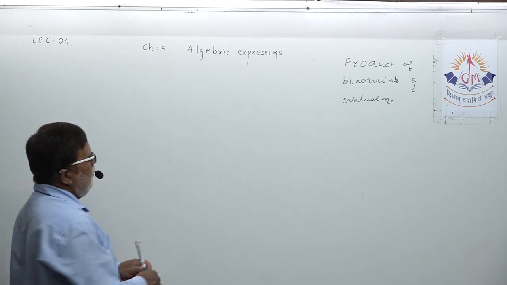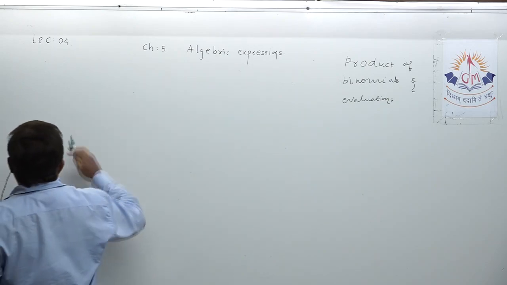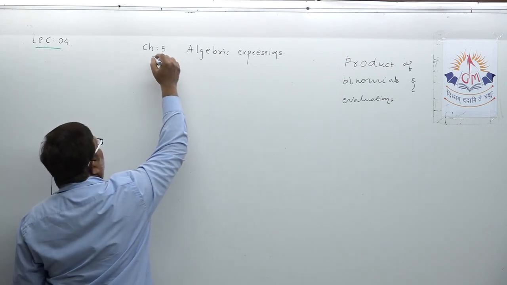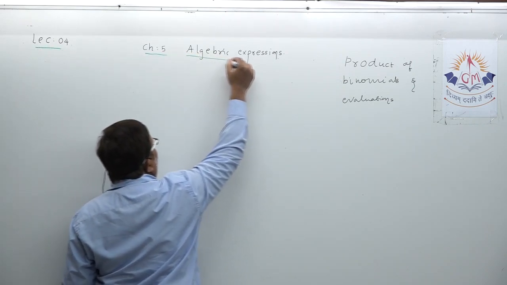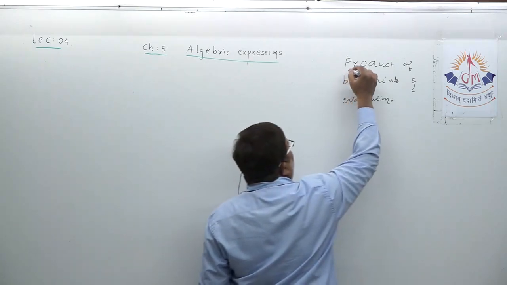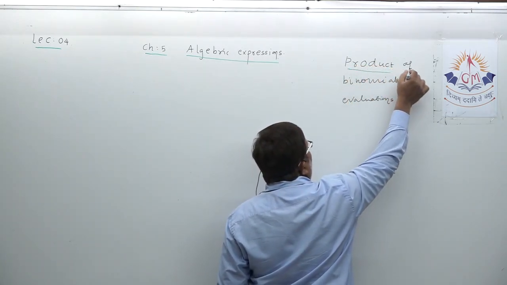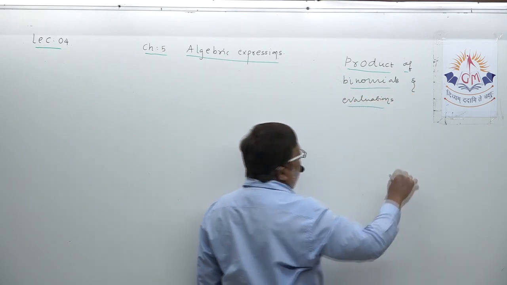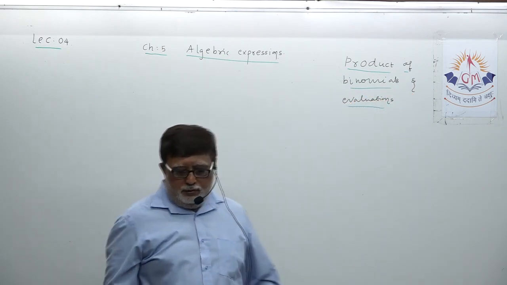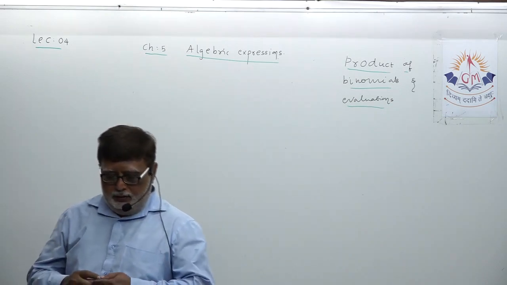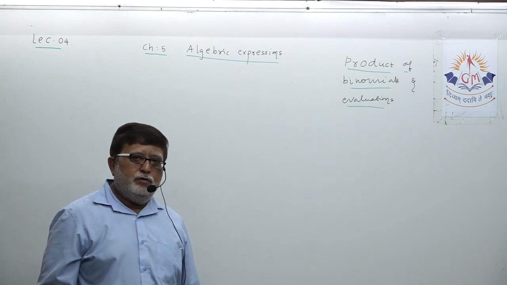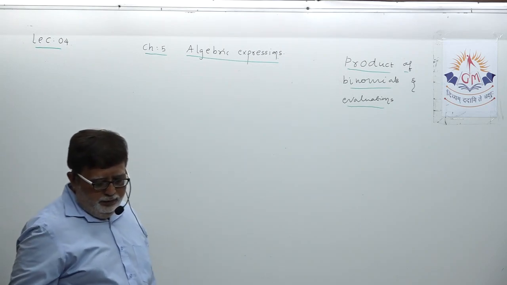So this is the topic in today's lecture, product of two binomials. We are targeting not only the product of two binomials, but at the same time evaluation of the resultant polynomial for the given value of the variable. That is also we are going to target.